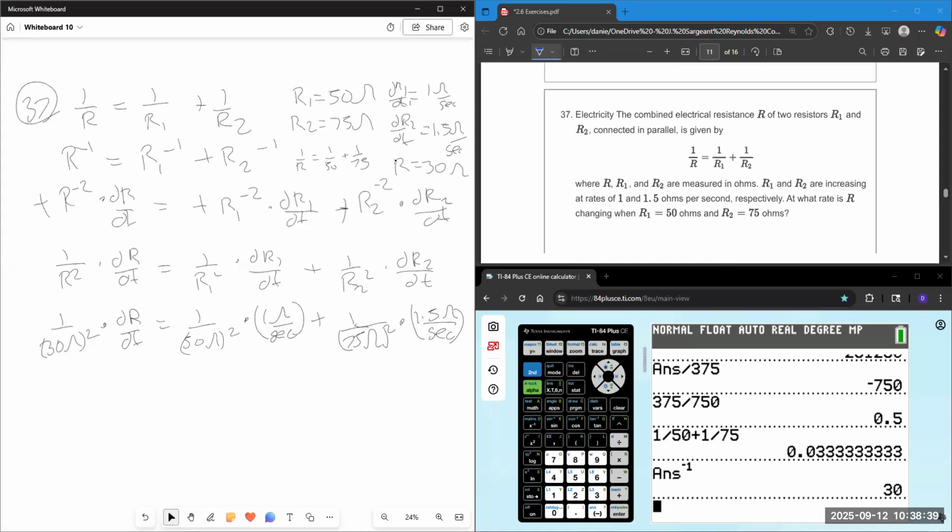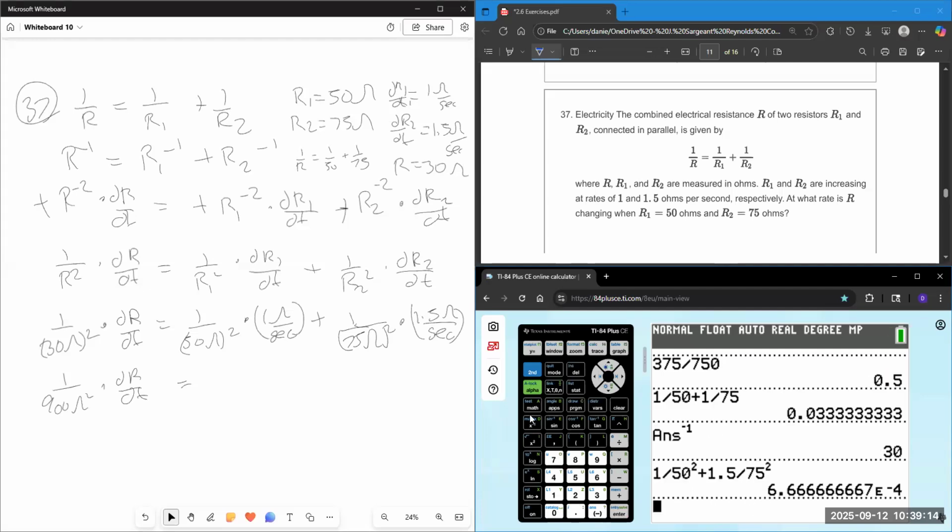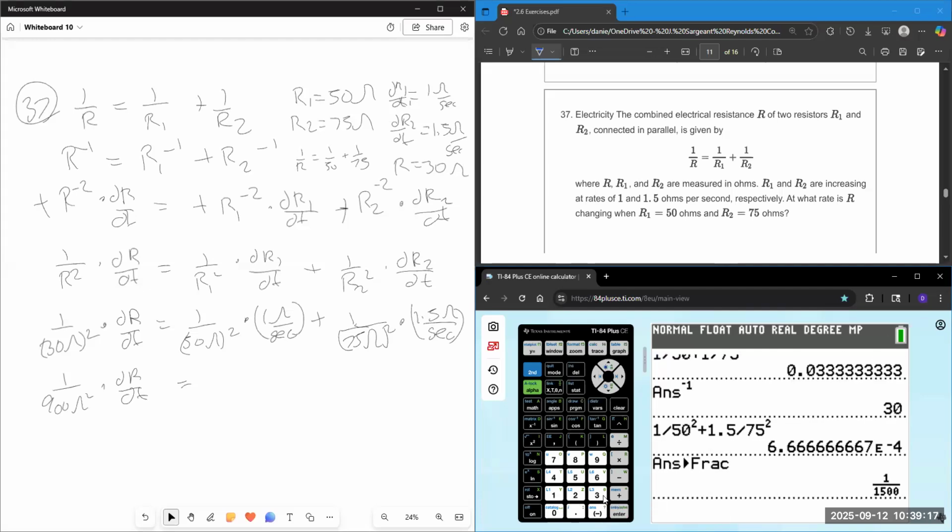So 1 over 900 ohms squared times dr/dt is equal to, let's just do this, 1 over 50 squared plus 1.5 over 75 squared is 1 over 1500.